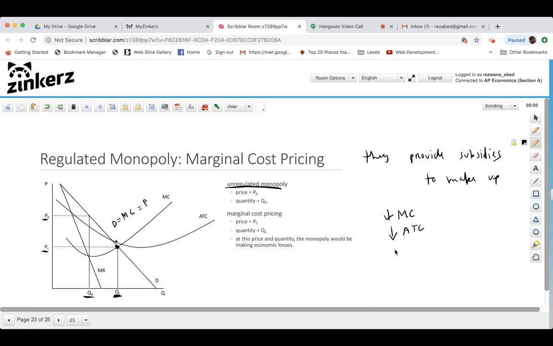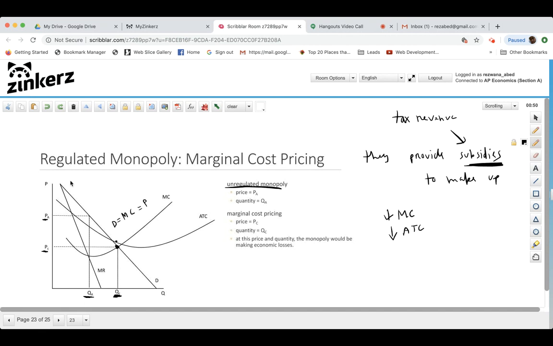But of course, giving subsidies means that the government is gonna have to use tax revenues, the tax that they collect from people like us, to provide subsidies to this kind of natural monopoly. So there are advantages, but there are also drawbacks to this kind of situation.